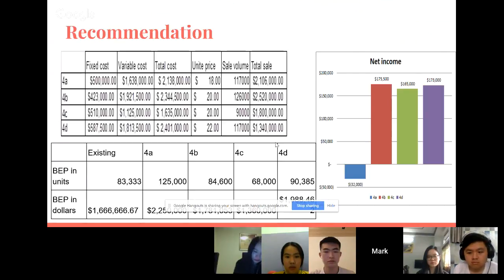And the break-even point here on scenario C is the lowest compared to all other scenarios, which is 68,000, which is very good because the company wants to know how many products they need to sell to cover all the costs. And the break-even point in dollars is really low here as well.